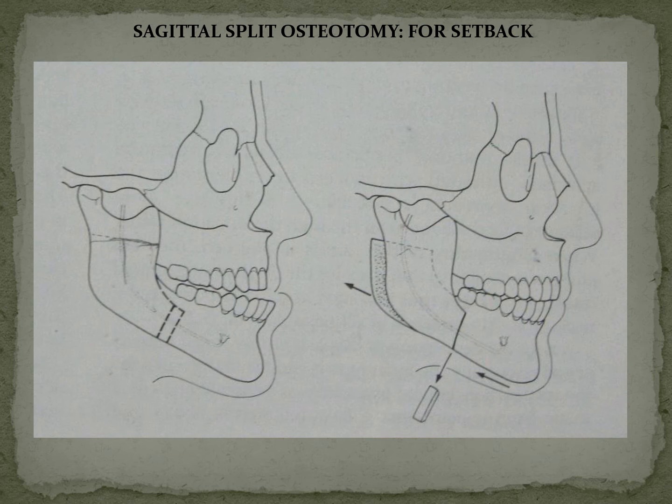We have to reduce that length, so we'll cut off that much portion, then pull it back to the setback. That's called setback. So what we'll do here, we're going to cut it off and achieve the mandible.